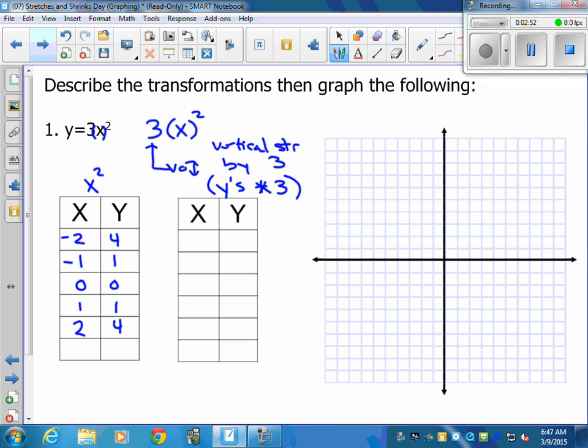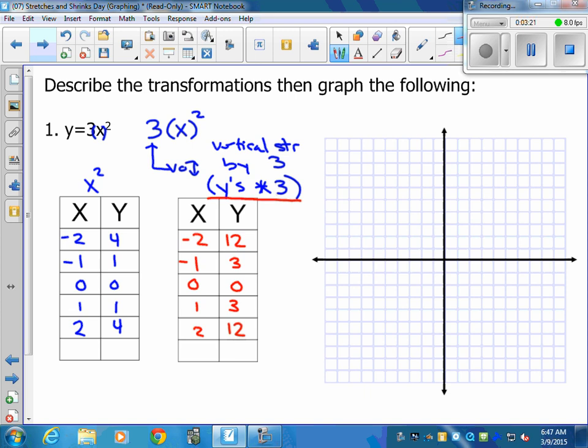Now, for our transformation of this graph, we want to apply our rule, y times 3. So the x values do not change. There's no horizontal adjustment within this function. But then every one of our y values is going to be multiplied by 3 to show that vertical stretching of the value.